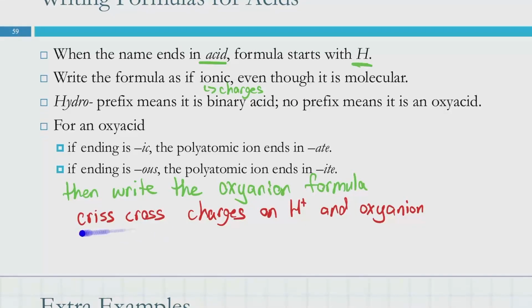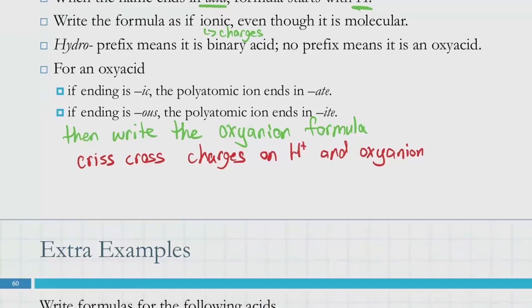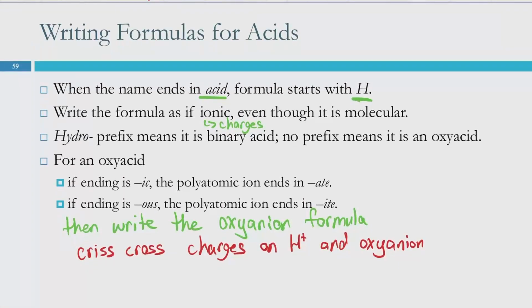You don't necessarily have to do the crisscross thing because it's always going to be a 1 plus for our hydrogen ion. So the number of hydrogen ions will balance out the charge on the oxyanion. Any acid questions?